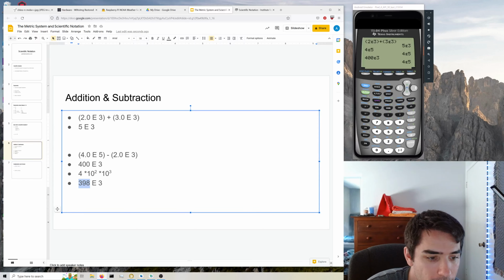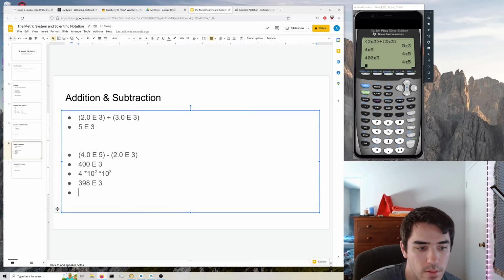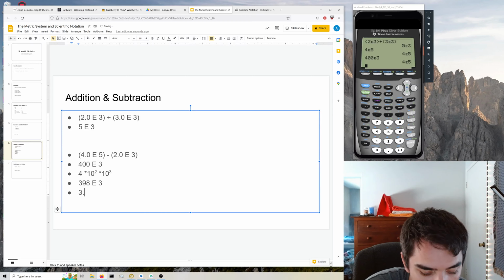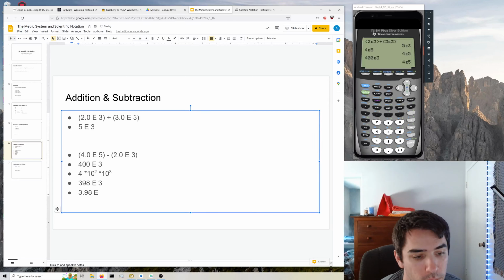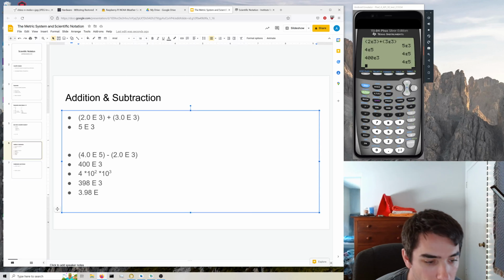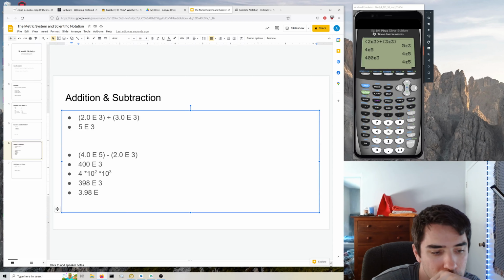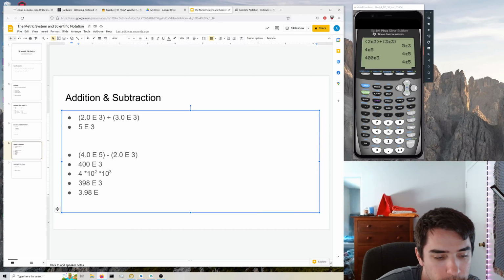So to get to that number, we want it to be 3.98 e, and if we move the decimal place over 2 places to the left, then that means we've multiplied by 1 over 100.